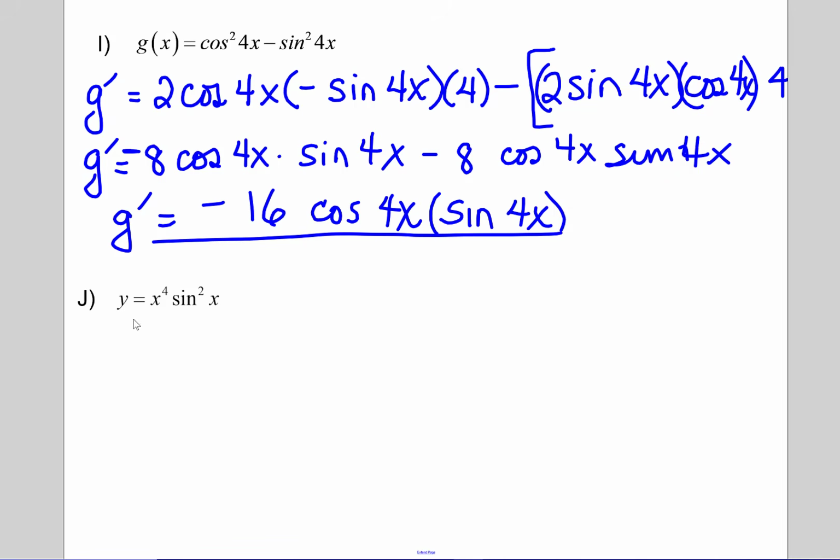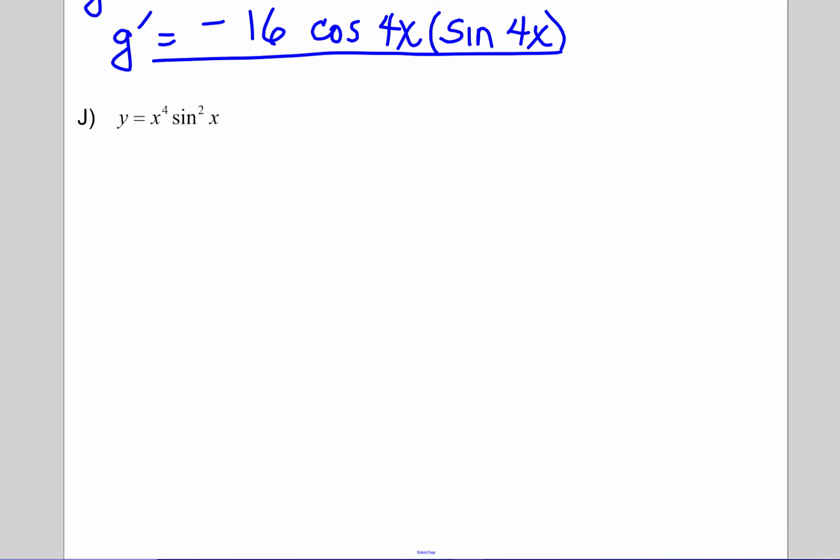Okay, they're getting tougher. Here we've got another product rule with a chain rule. So the product rule says if you have a function times a function, we're thinking of the derivative of the first, hold the second constant, plus hold the first constant, take the derivative of the second.